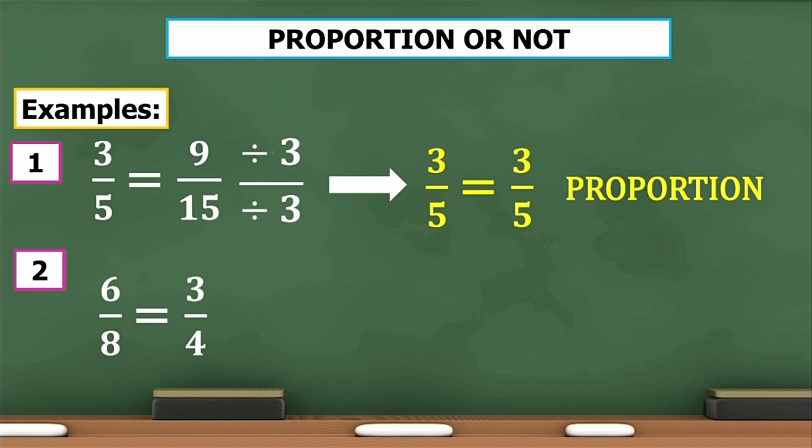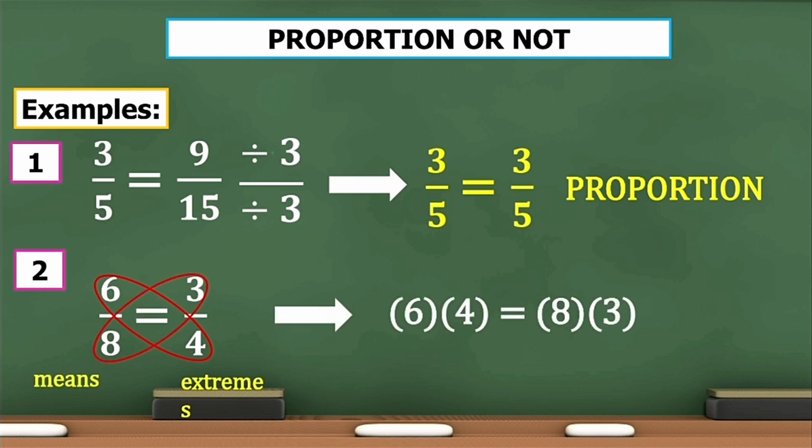Kunin lang natin ang product ng extremes at product ng means. So 6 times 4 is equal to 8 times 3. So 24 is equal to 24. This shows that the given ratios are proportion.